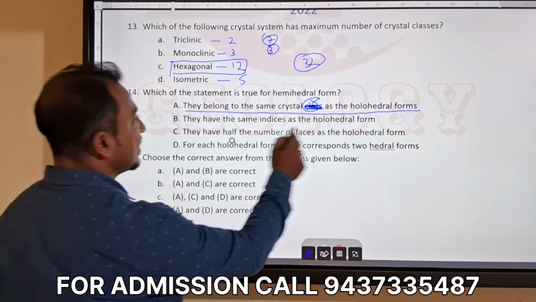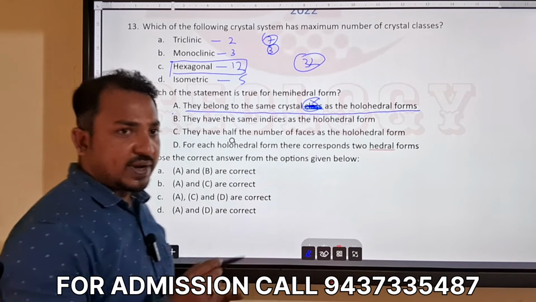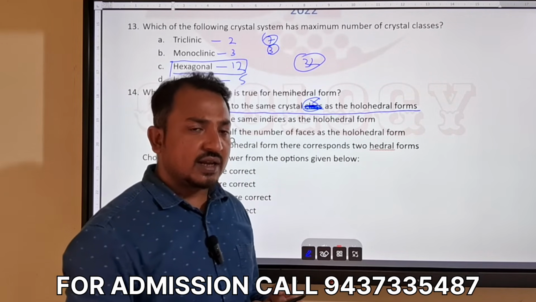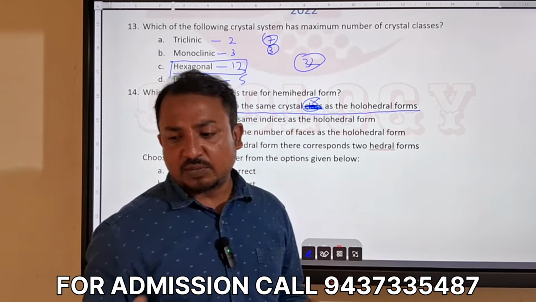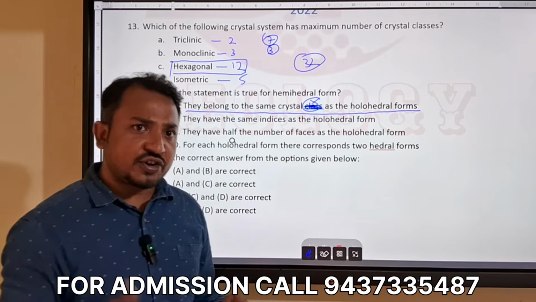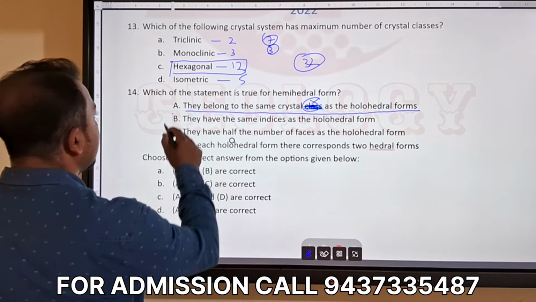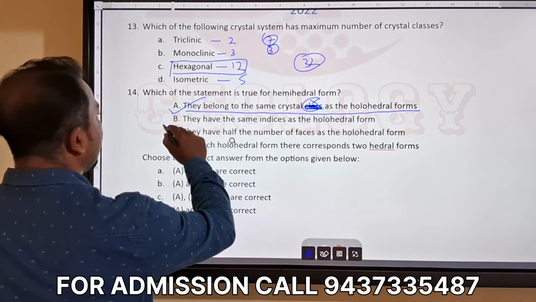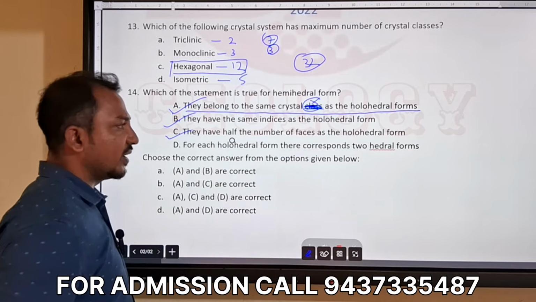They have the same indices as the holohedral form that we have already discussed. In case of pyritohedron and tetrahexahedron, both have hk0. In case of tetrahedron and octahedron, both have 1, 1, 1. In case of trisoctahedron and tetrahedron, both have hhl. So if this is system, this is correct, then they have half the number of faces as the holohedral form, this is also correct.